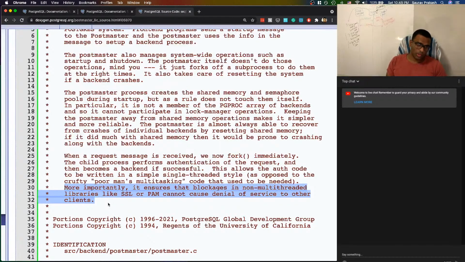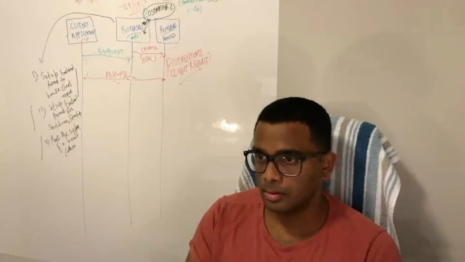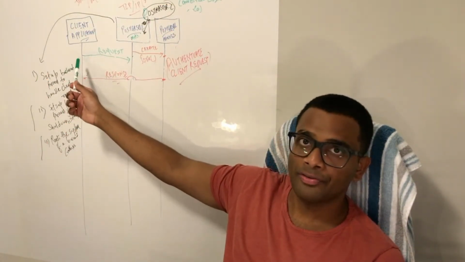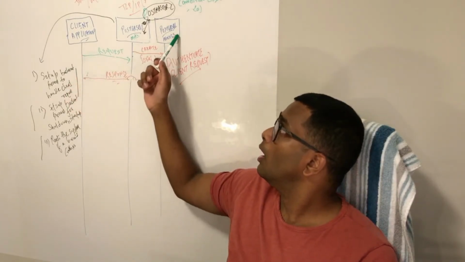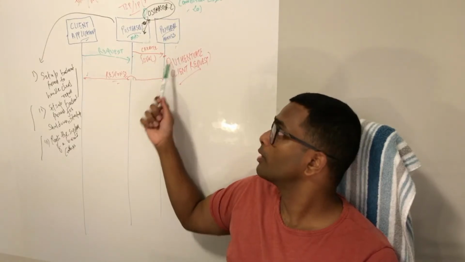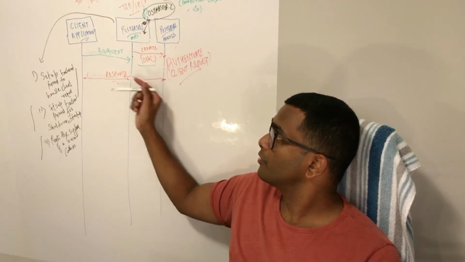It ensures that blockages in non-multi-threaded libraries... Oh, I think I understand what it is saying. Since for each of the requests a new process is run, a new process is forked.